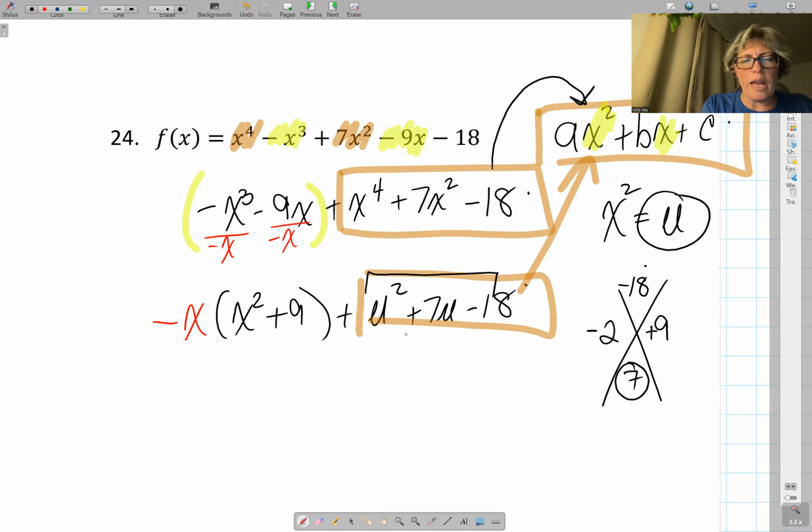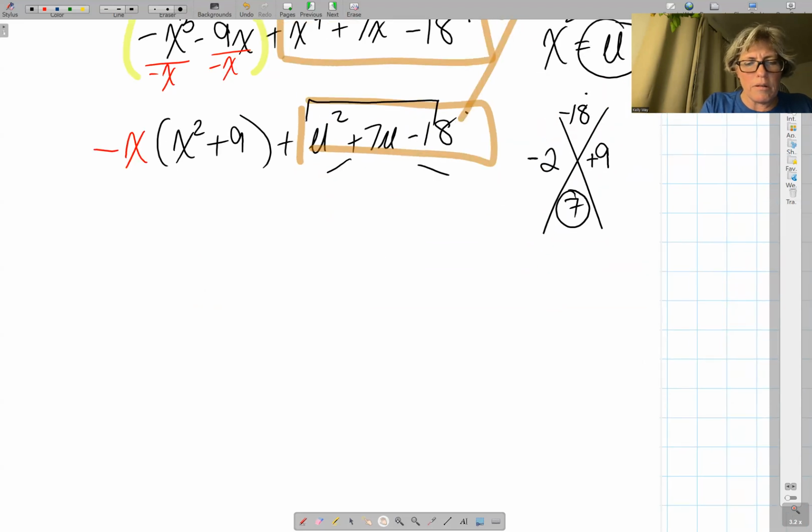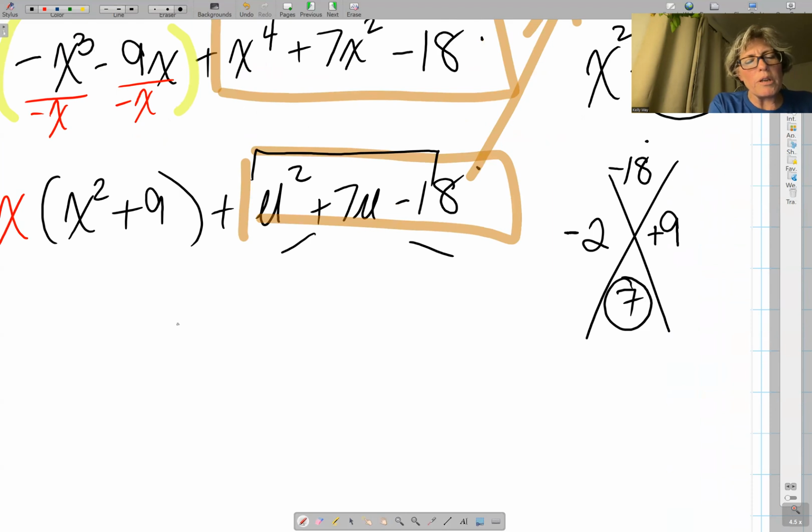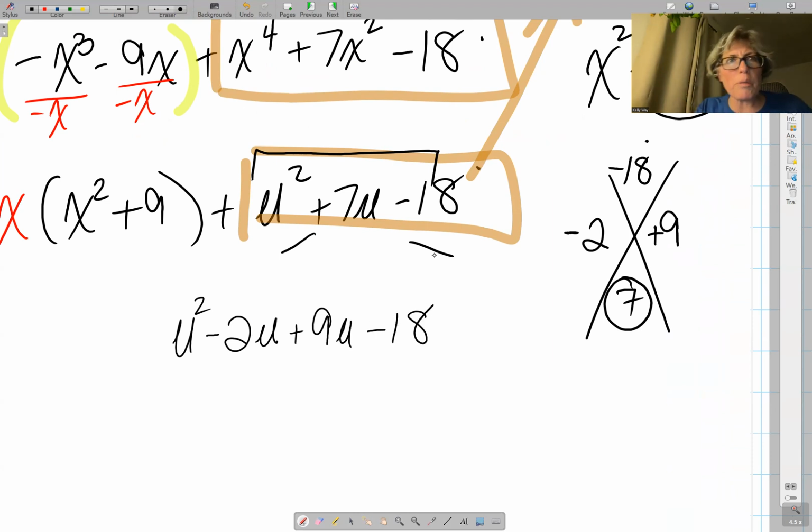All right, for now, I'm just going to work on this side. So we are going to have u squared, minus 2u plus 9u minus 18. That's a good grouping because you can see what you can take out there. We're going to group here and group here.